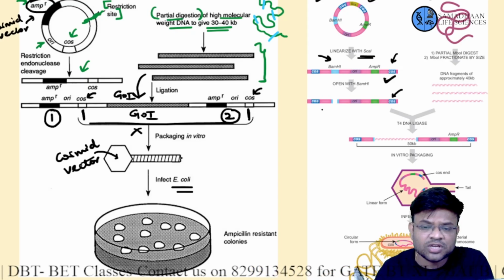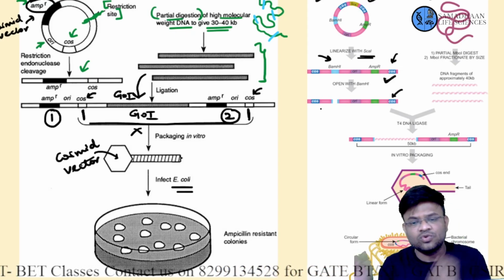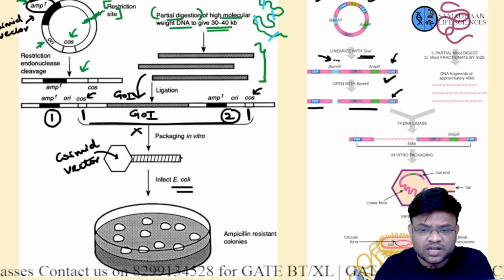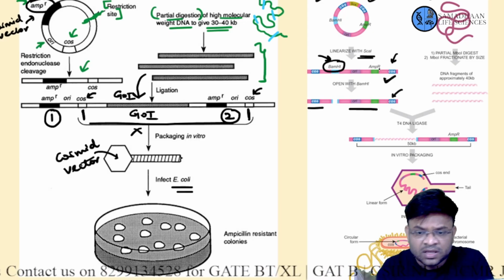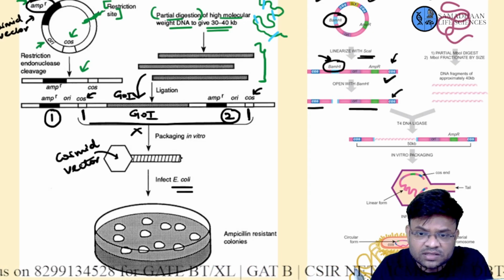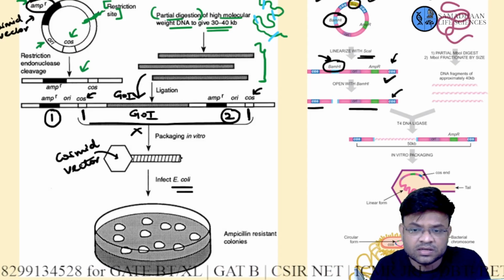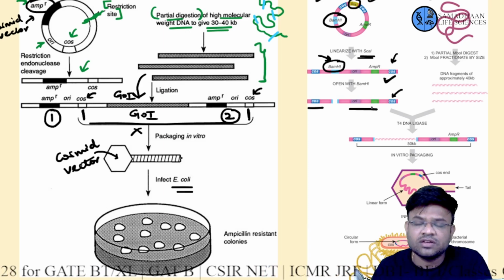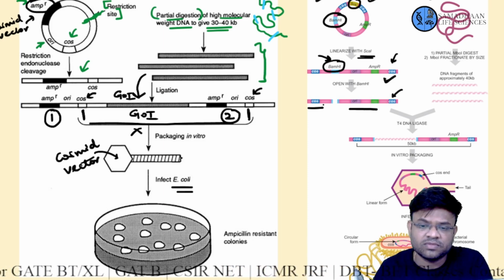After cleaving with BamHI, the cosmid vector is divided into two parts. So this is the first part, this is the second part. This over here is BamHI, and this over here is ScaI. So you are cleaving with both of these, that is why you are getting two fragments.